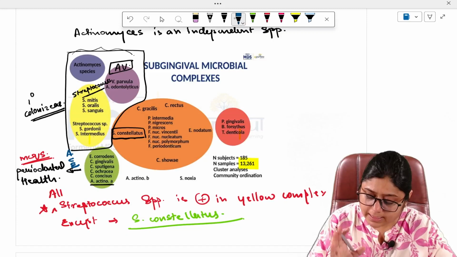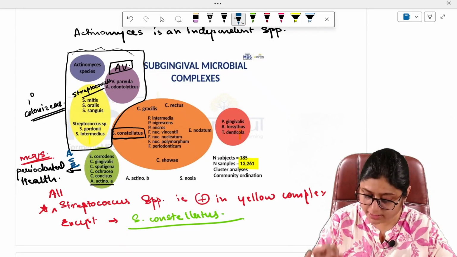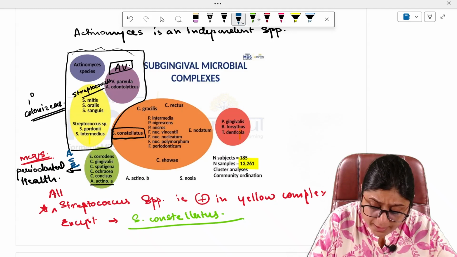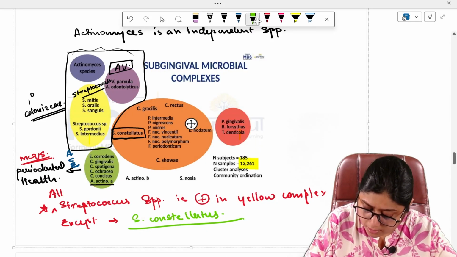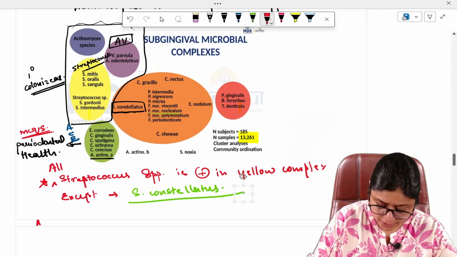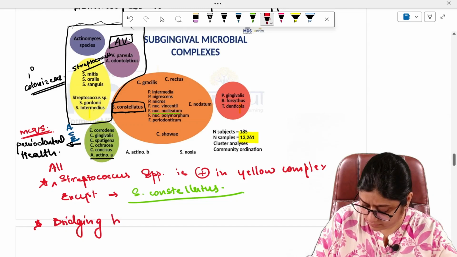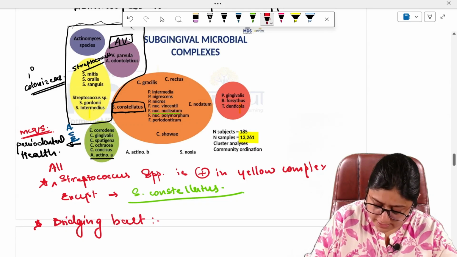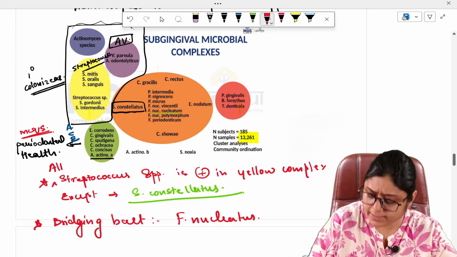And the important bacteria to remember here is Fusobacterium nucleatum. This Fusobacterium nucleatum species is the most important bridging bacteria. It is a part of orange complex.